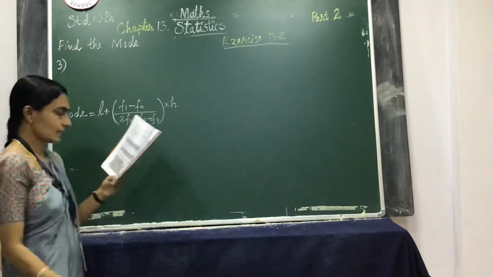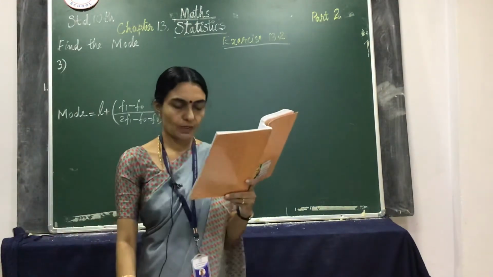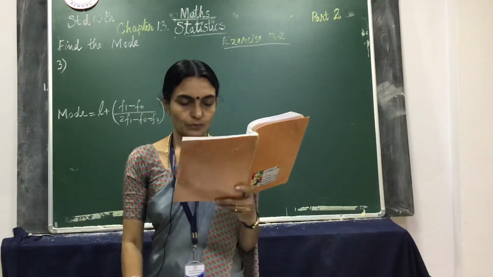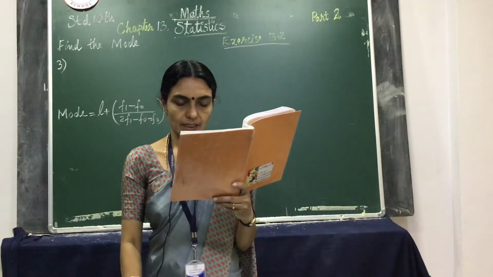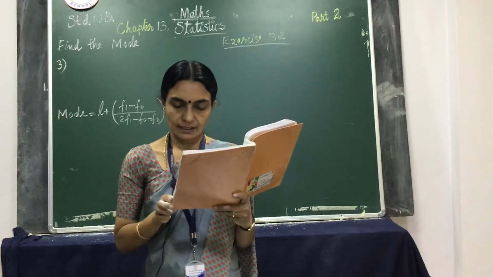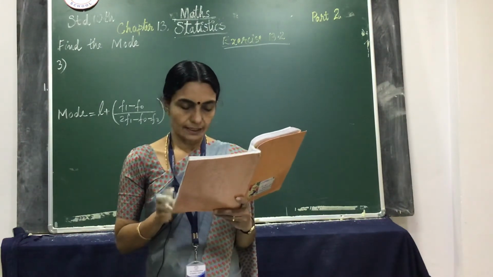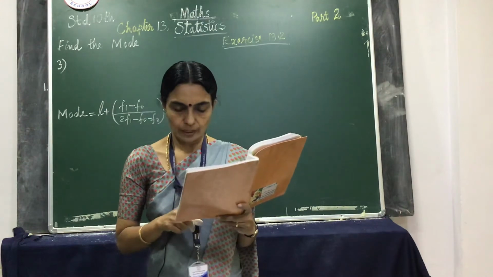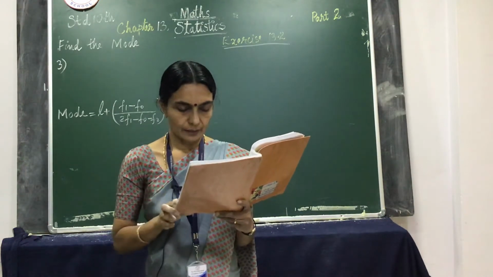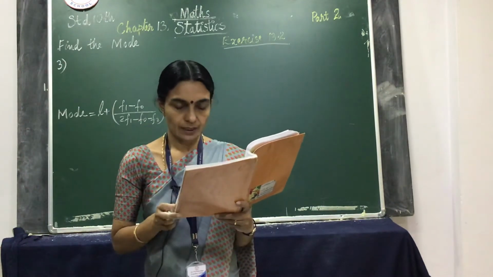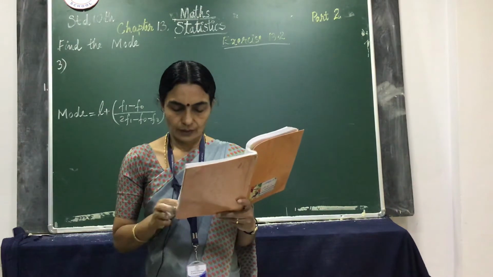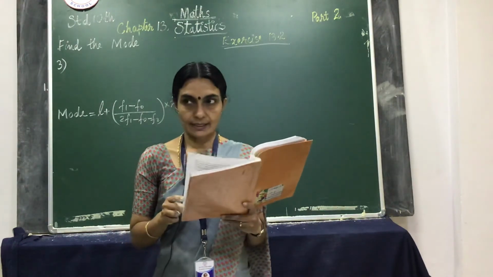Here we have a student who noted the number of cars passing through a spot on a road for 100 periods each of 3 minutes and summarized it in the table given below. Find the mode of the data.